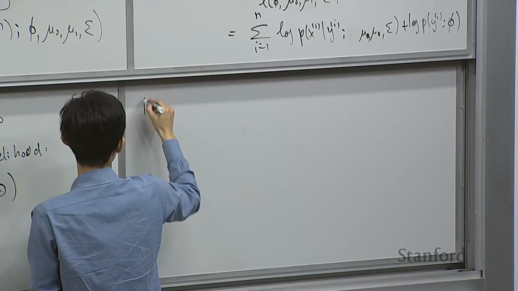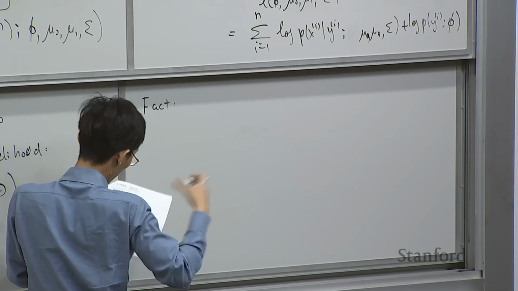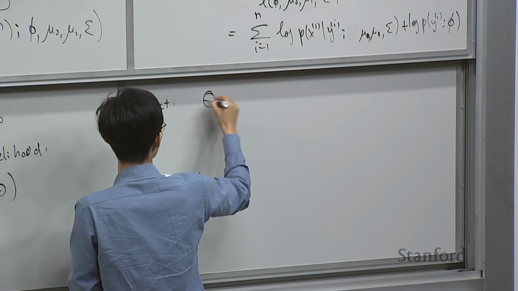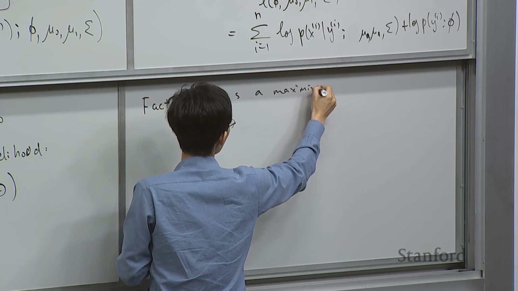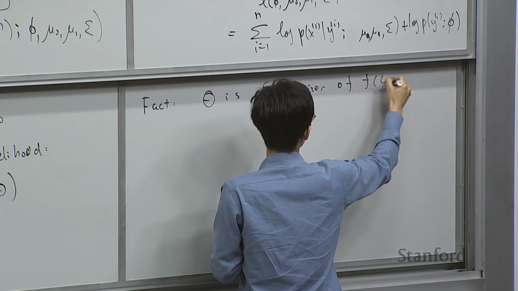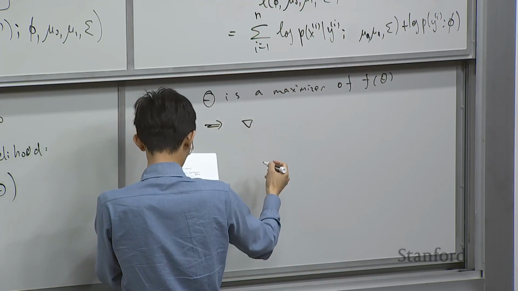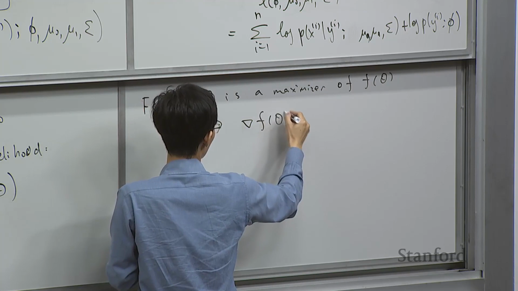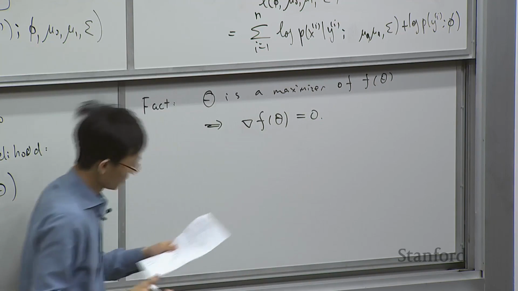There's a small fact that I guess you probably learned in a calculus class. If theta is a maximizer of some function f, I'm being abstract here, then it means that the gradient of the function, evaluated at theta, equals 0.